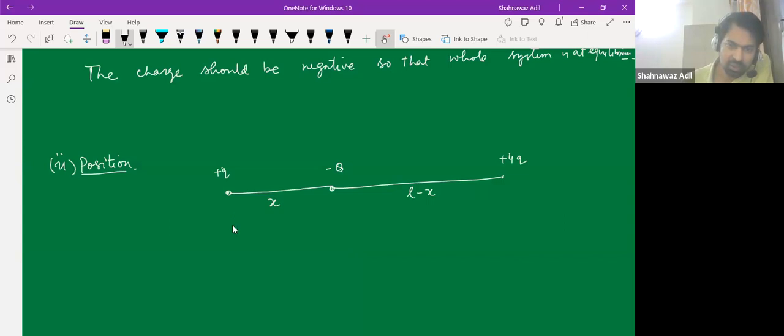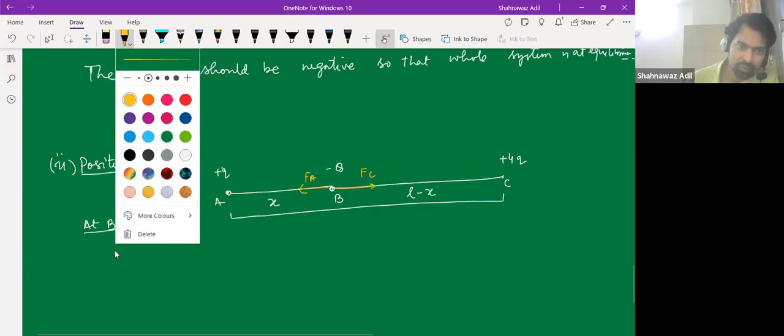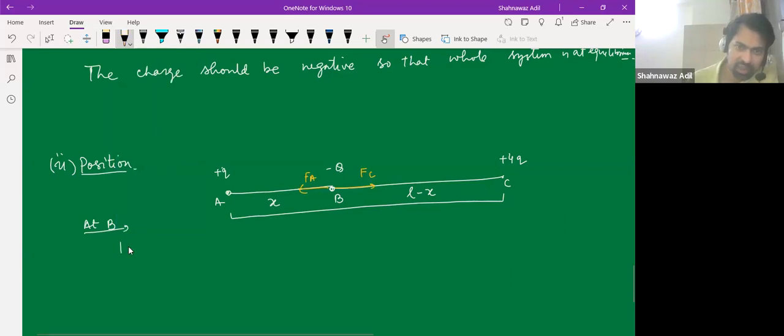So we already know that this is A, B, and C. At B, this is FA. This is FC. At B, FA is equal to FC, which means, what is FA?